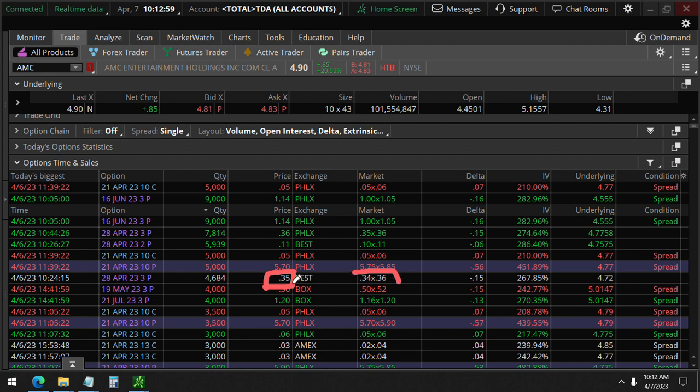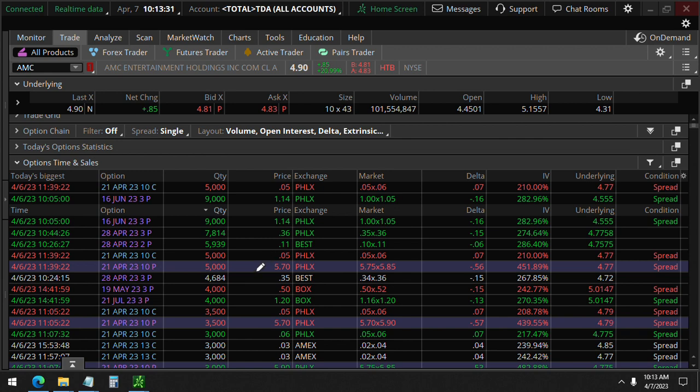You'll see here 0.35, that's between the market of 0.34 and 0.36. So it was executed in between the bid ask prices, and that's why it's colored white. That also takes some analysis and monitoring of the data to determine whether that was a buy or a sell to open or close. So that's the color system of the green and red.